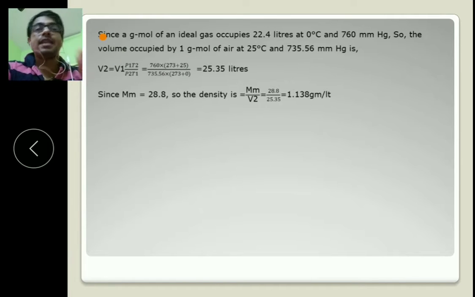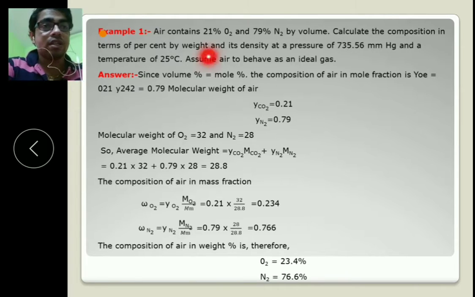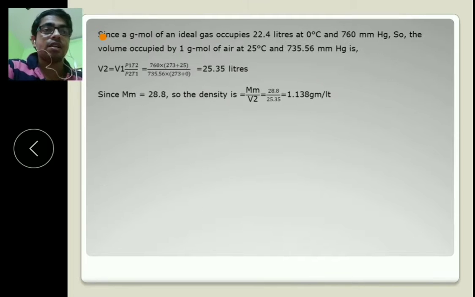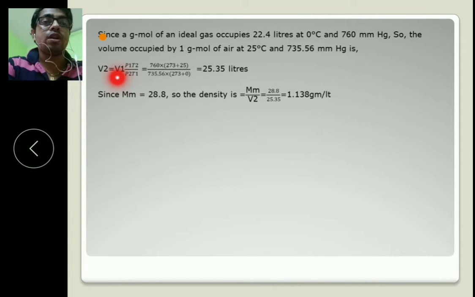As the question says air behaves as an ideal gas, we can take p1 v1 by t1 equals p2 v2 by t2. From that v2 is equal to v1 p1 t2 by p2 t1. Here for v1 you have to multiply 22.4; that was omitted by mistake. You should know.